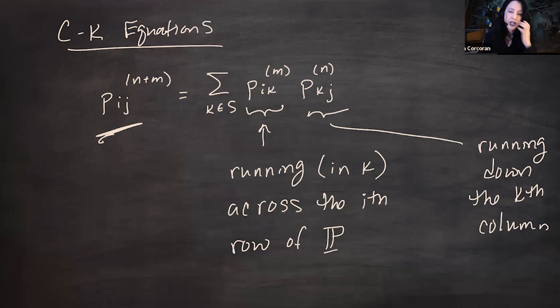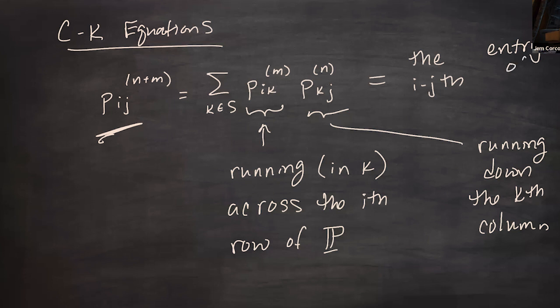You know, the ijth entry when you multiply two matrices comes from the ith row of the first and the jth column of the second, and you multiply the individual entries and then add them up. So this actually is the ijth entry of P^m times P^n.